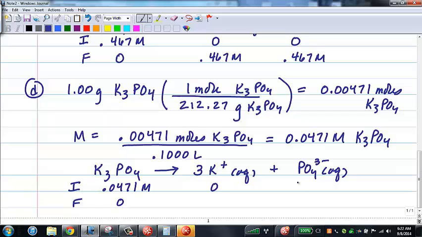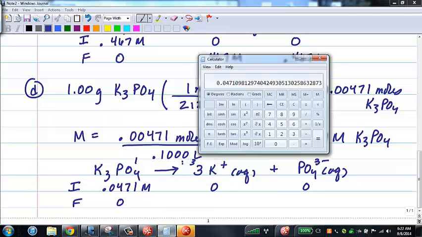And if initially the water didn't contain any potassium or phosphate, after the potassium phosphate breaks apart, it will have a 1 to 3 ratio between potassium phosphate and potassium. So I'll have to triple this value. That's equal to 0.141.